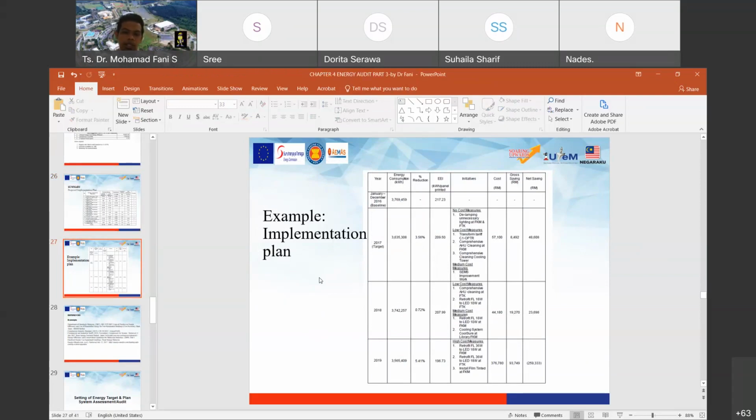Target for 3 years, they are able to reduce about 10% by implementing the suggested ECMs. So at least you have contributed something to your client, and they are able to get something from you. You learn something and they gain something from you.